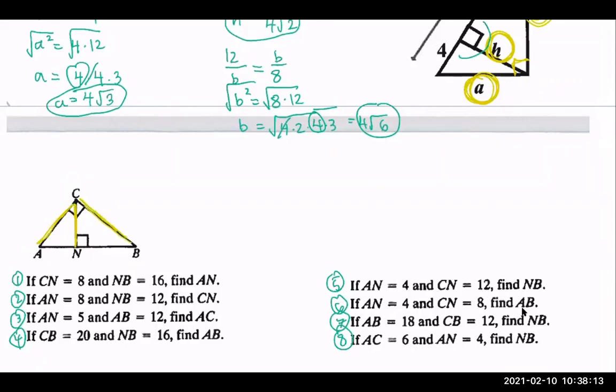So it's always the 3 segments coming from the larger 90 degree angle, or the larger triangle's right angle. Okay, so in your diagram, if you guys can just follow what I label, CN is 8, NB is 16, number 1. Find AN, which I'm gonna call X. What's your geometric mean in this one? Can you guys type it into the chat? What's the geometric mean in this one?